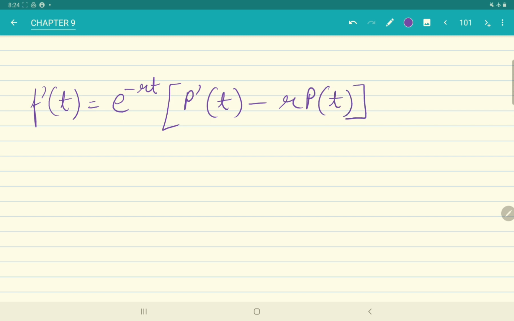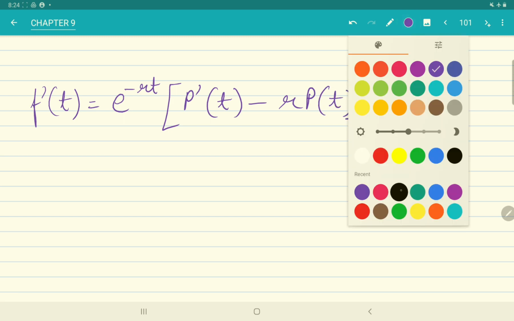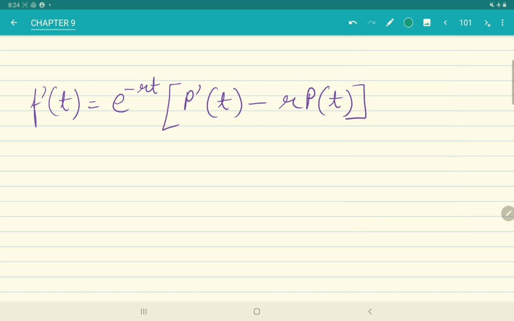I know that this expression, just take a look at this expression. This just cannot be 0. Okay? It just cannot be 0. It is not equal to 0.